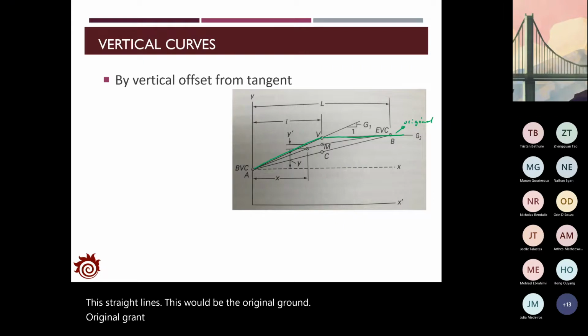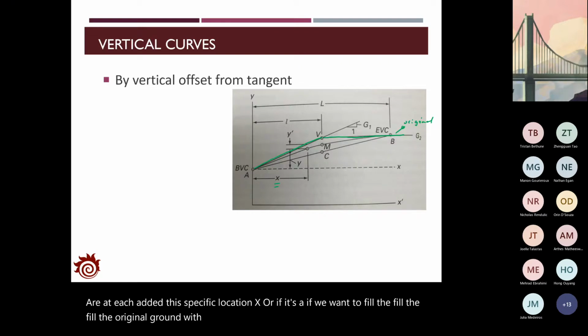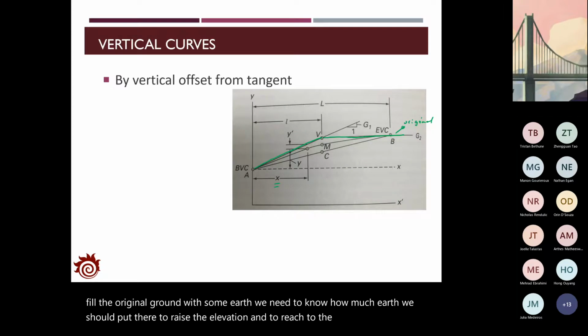And for the actual construction work, we have to know how much depth we want to dig at the specific location x, or if we want to fill the original ground with some earth, we need to know how much earth we should put there to raise the elevation and to reach the designed vertical curve.